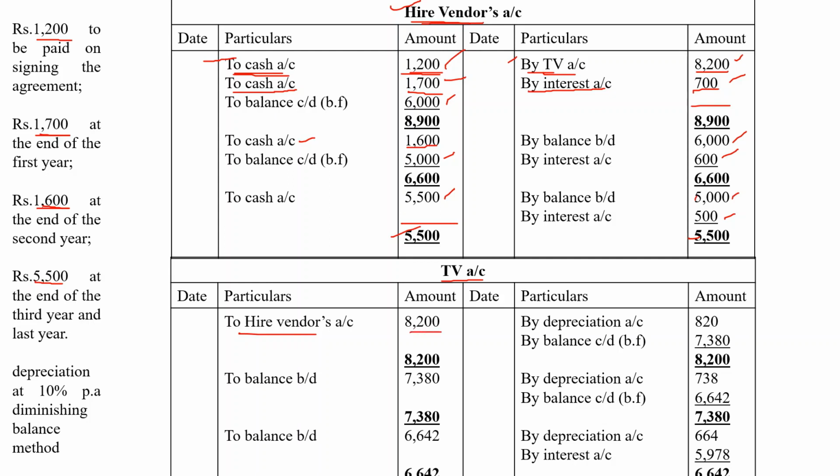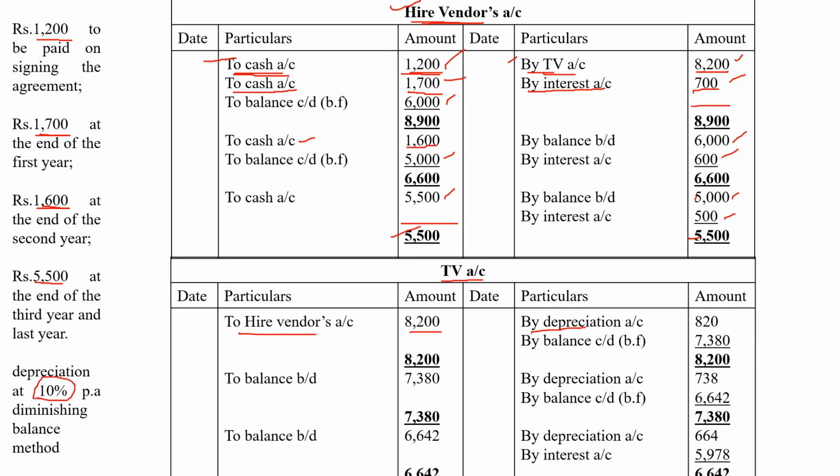In the credit side, we have to charge depreciation. When we charge depreciation, depreciation is a loss or expense to the business. So depreciation account debit to TV account, it will reduce the value of the asset. If we post it in the ledger, it is by depreciation. For calculating depreciation, it is given in the question, the rate is 10% per annum.